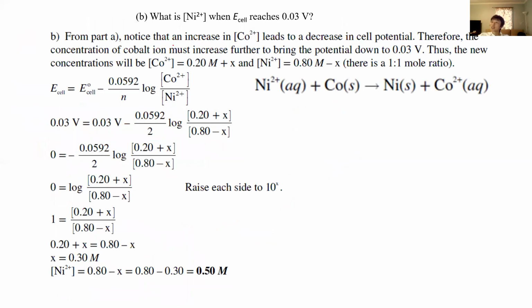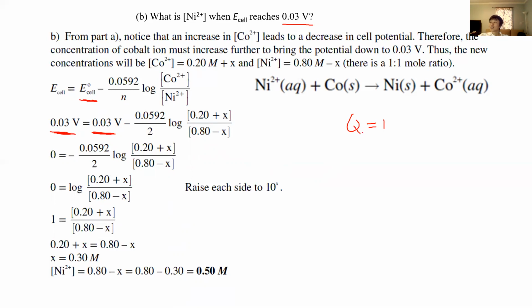Part B asks us what is the nickel 2 concentration when the E cell potential reaches 0.03. So in part A, we calculated that the standard cell potential is equal to 0.03. So when this E cell potential is equal to the standard cell potential, that means Q is equal to 1, based on our table earlier.